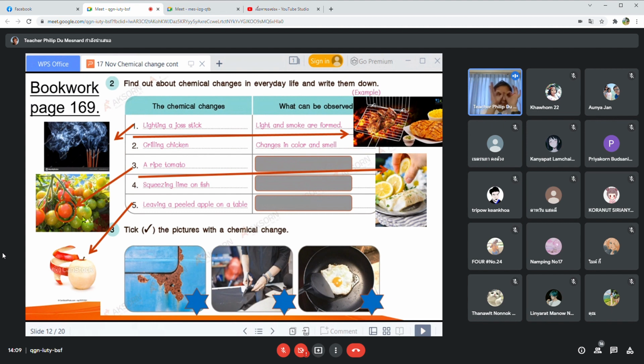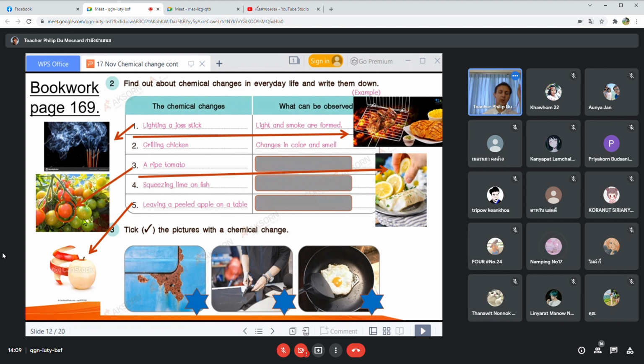Do they look the same? The green and the red tomato. Yeah, so the color is different, right? And what about the taste? Is it the same? Does the green tomato taste like the red tomato?